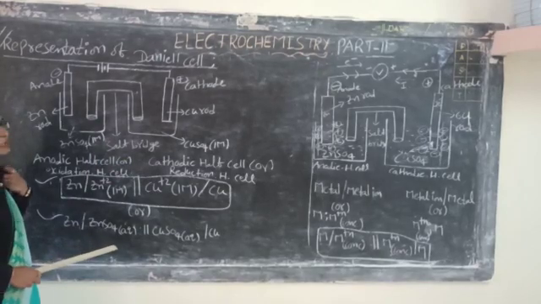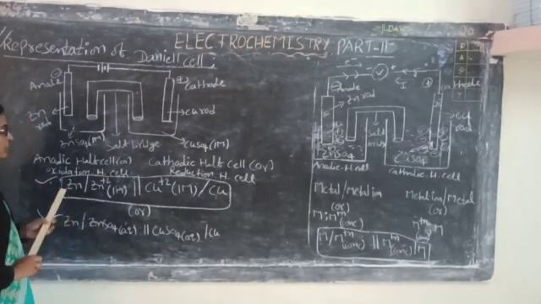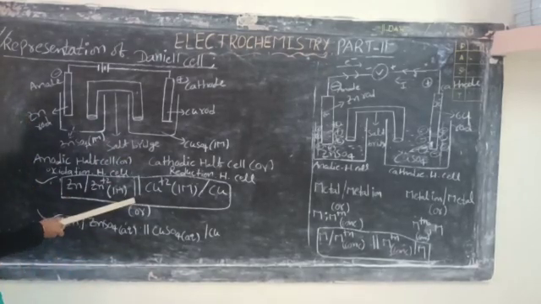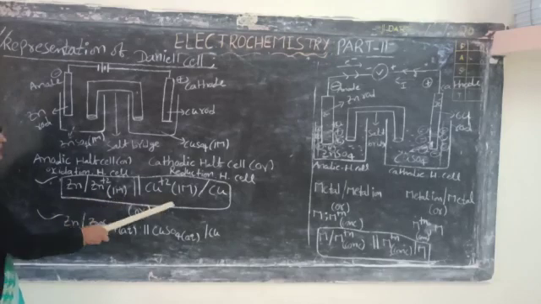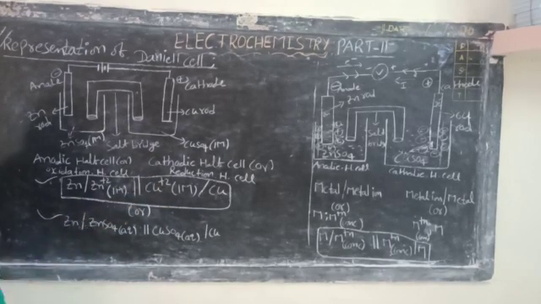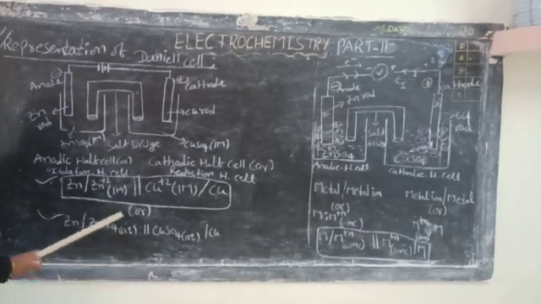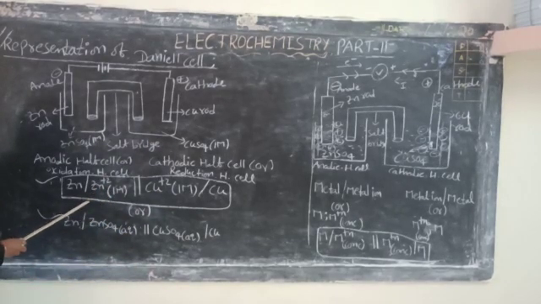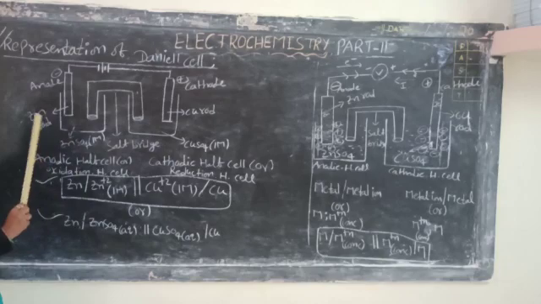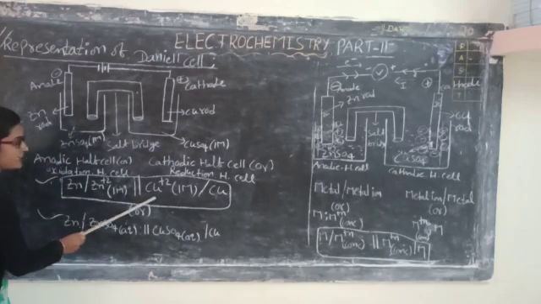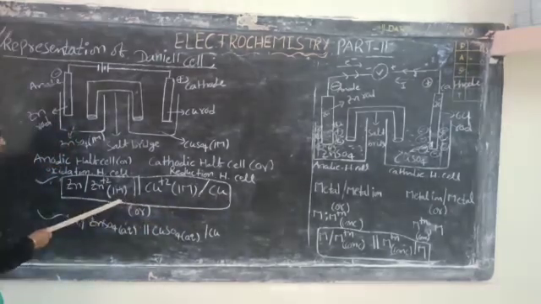So remember students, this is very, very important to observe for the Intermediate board exam. Here this representation is given, and he asks about the electrode reactions. When we see this representation, first we observe this is the cathodic half cell and this is the anodic half cell.